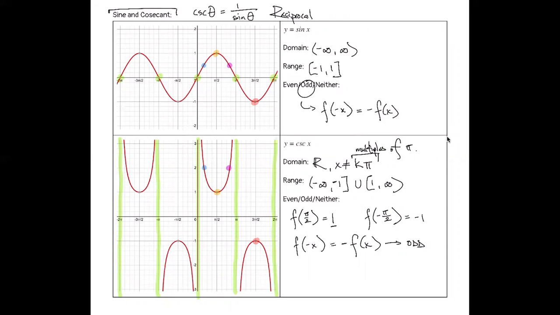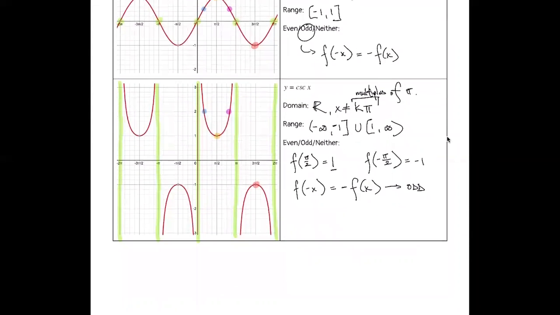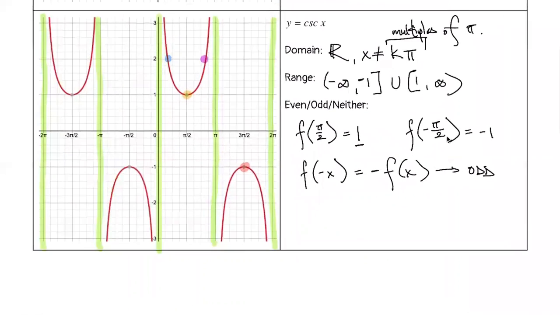One thing that we noticed is that every time we divided by a 0 in sine to get cosecant, we actually ended up with a vertical asymptote, okay? And so that's something we're going to write down right here before we move on to the other ones.